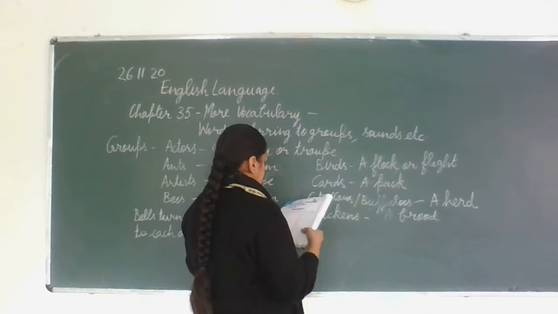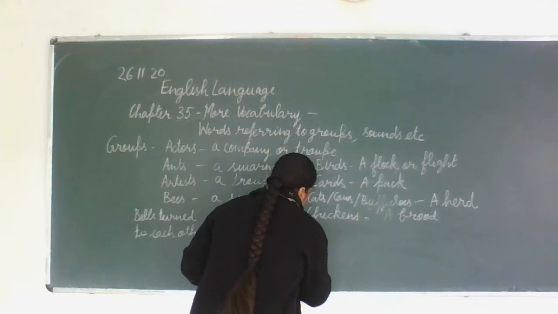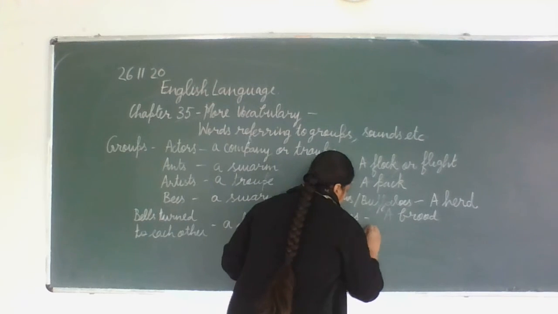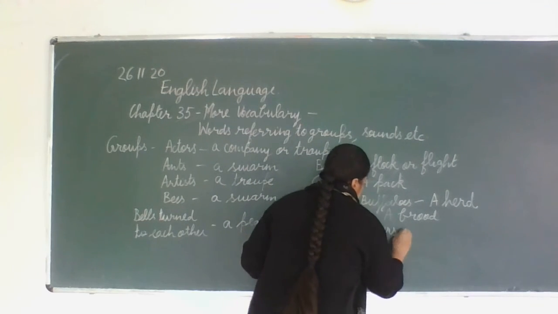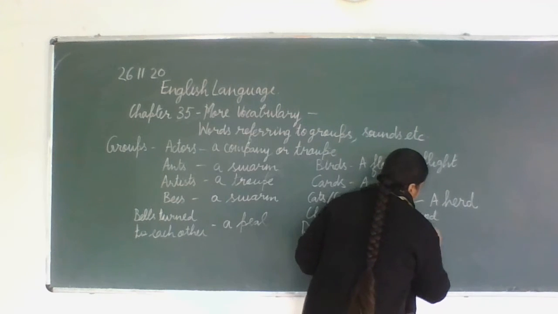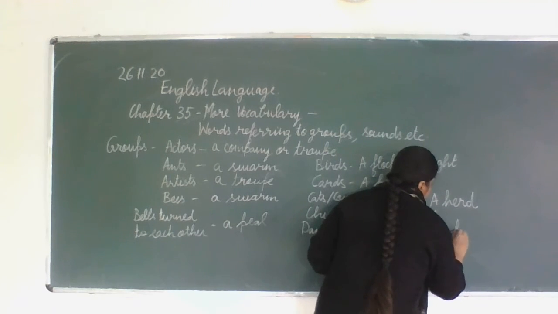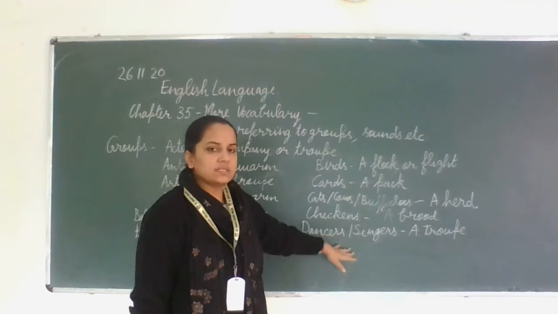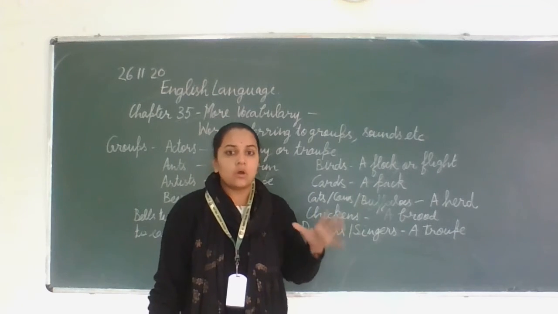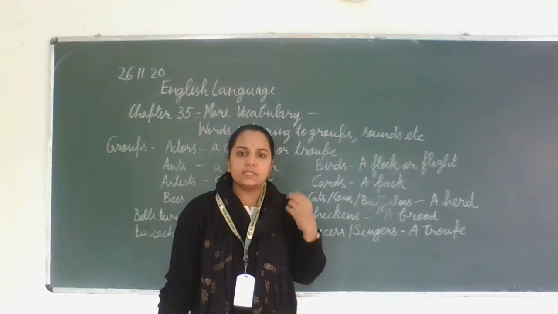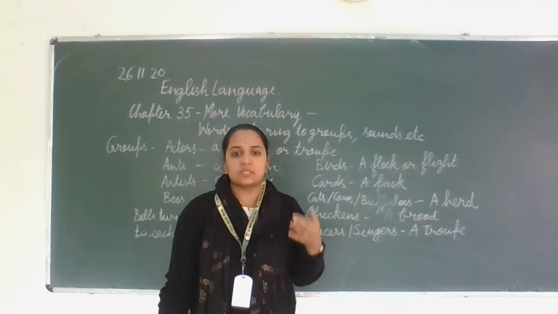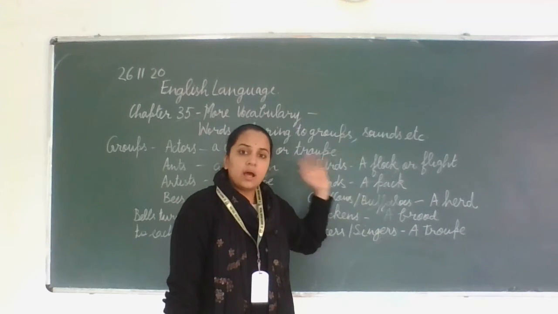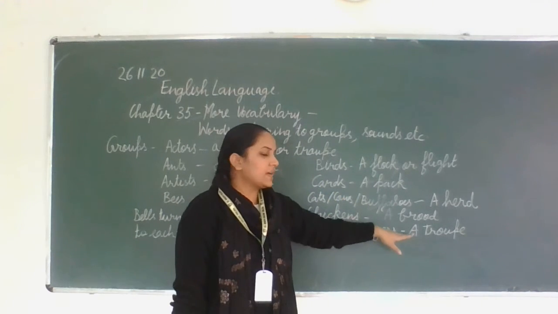The next one is dancers or singers. That is also a troupe. Basically, troupe is used for any kind of art, whether they are dancers, singers, actors or artists. Dancing is also art, singing is also, acting is also, so that is known as troupe.